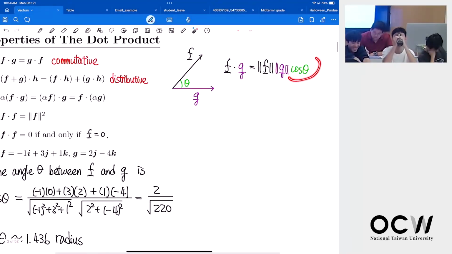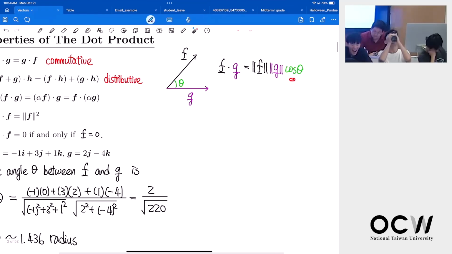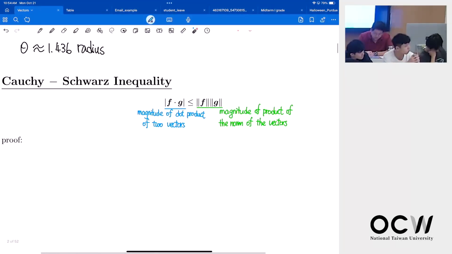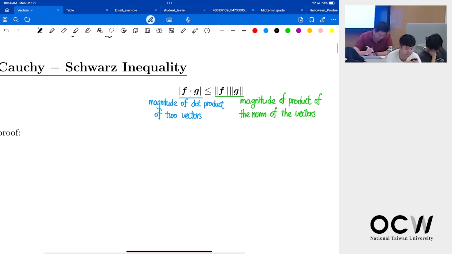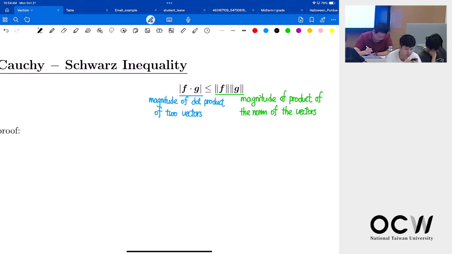Because here I have a cosine between these 2 vectors, think about the cosine. We have a boundary for the cosine. It is between -1 and 1. So cosine theta is between -1 and 1.